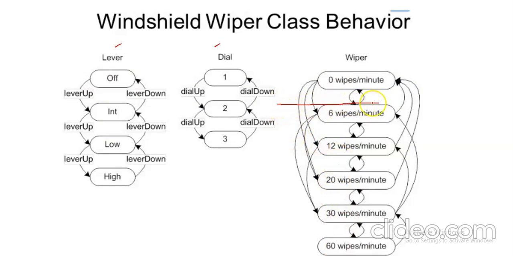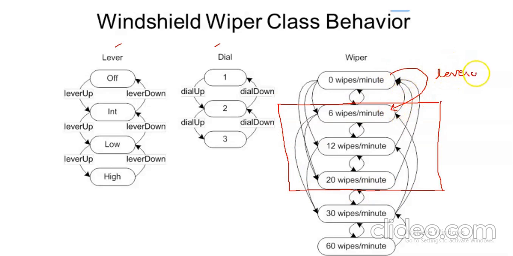When do we get 0 to 6 wipes? 0 to 6 wipes is obtained when I call a lever up function, and this goes into the INT state.